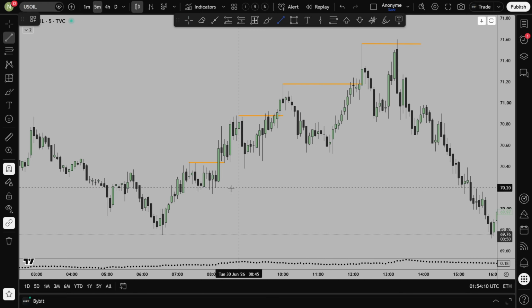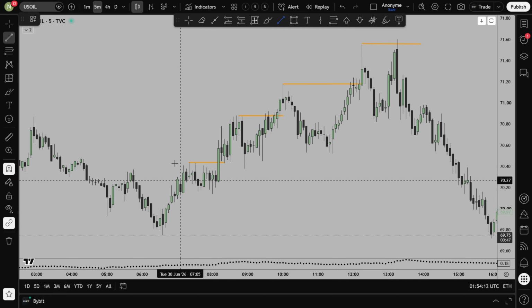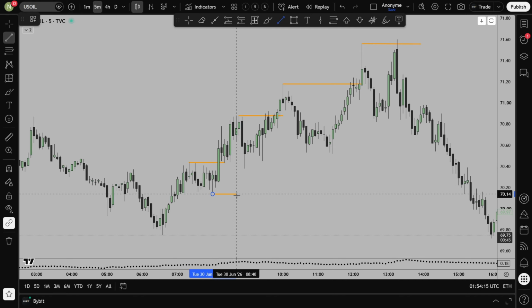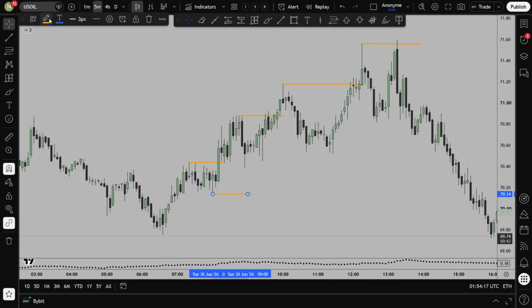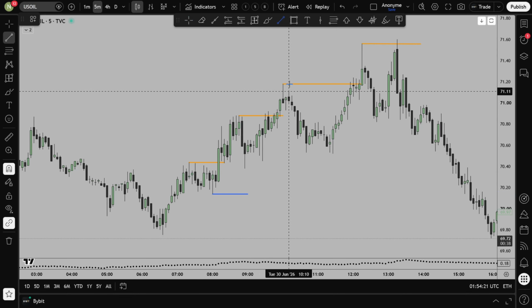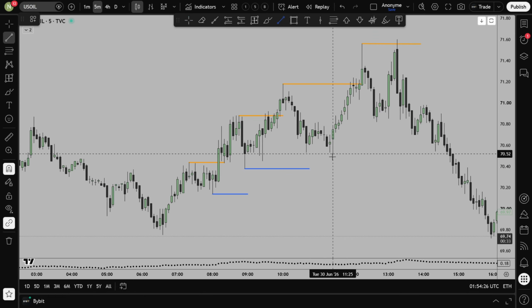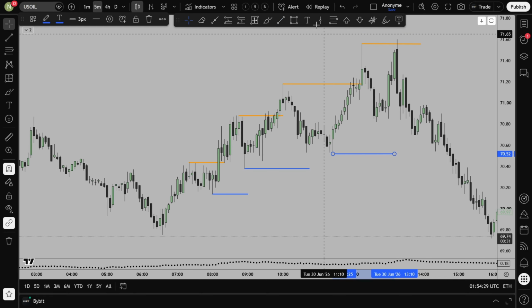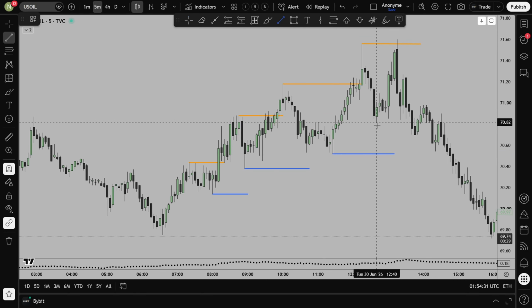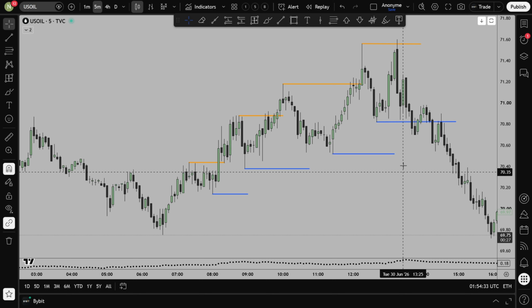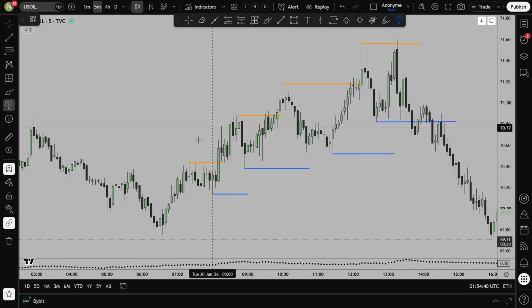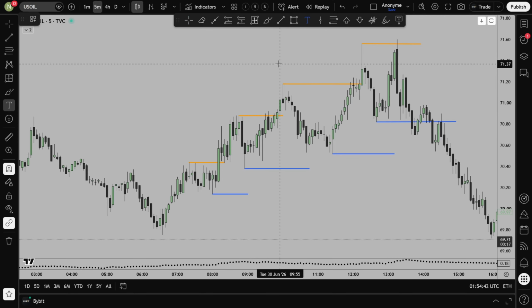Okay, so at each break of structure, we're checking the lows. Those would be in blue. So break of structure, the low would be here. Break of structure, the low would be here. Break of structure, the low would be here. Once a low is broken, here, let me put the names.